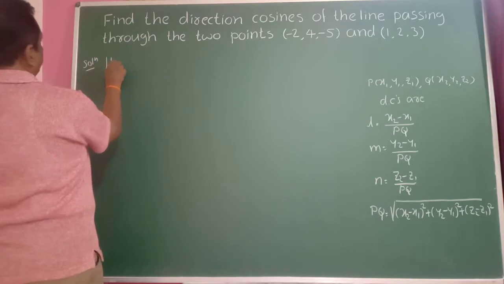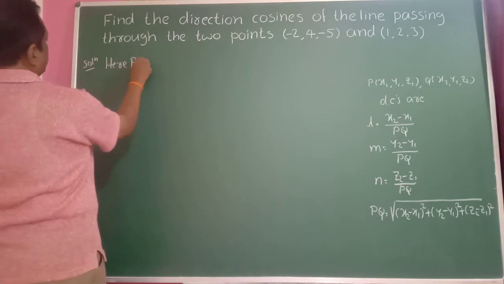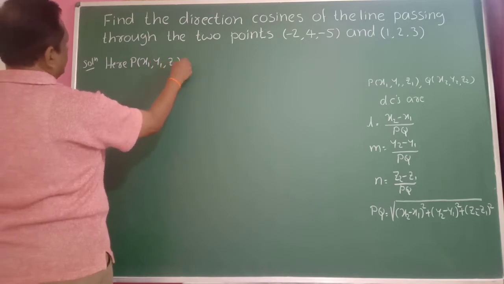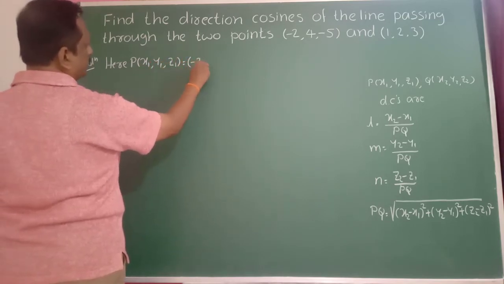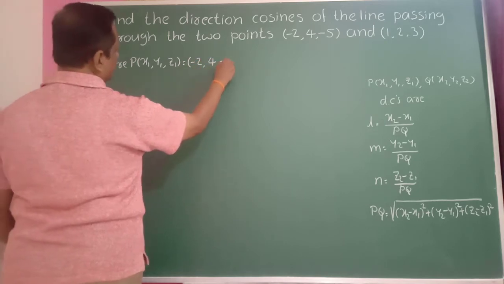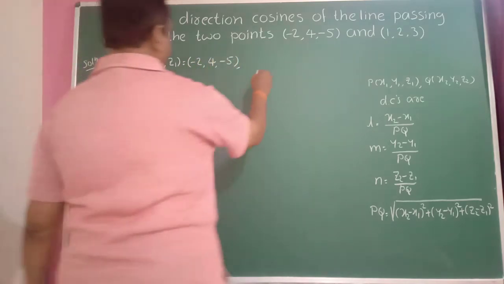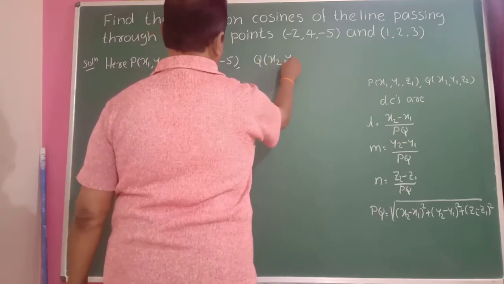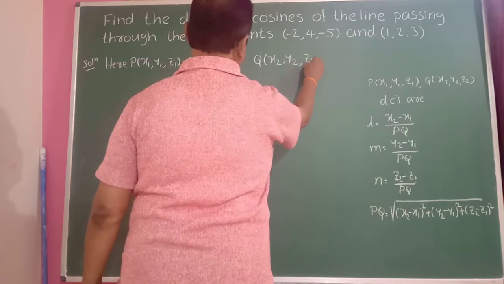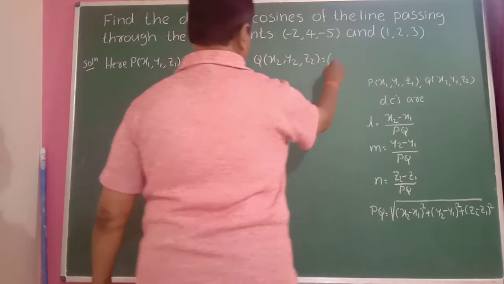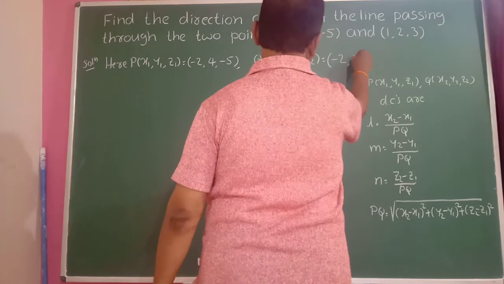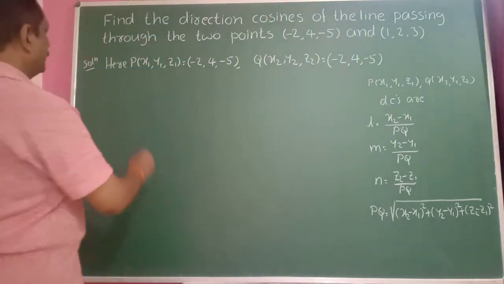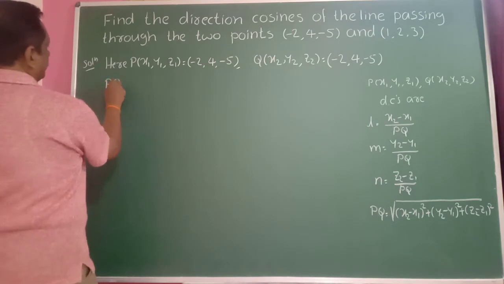So here P (x1, y1, z1) is equal to minus 2, 4, minus 5 and Q (x2, y2, z2) is equal to 1, 2, 3. Okay, therefore use your distance formula.